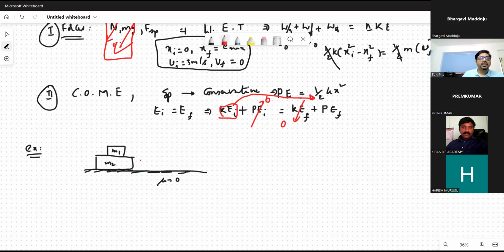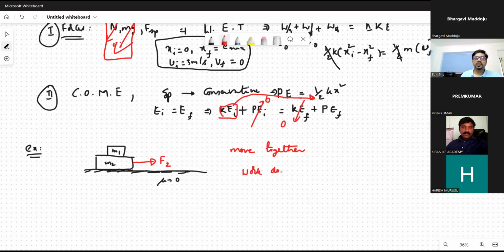And then we are applying a force on M2, and they are moving together. Then we need to find the work done by friction between them.